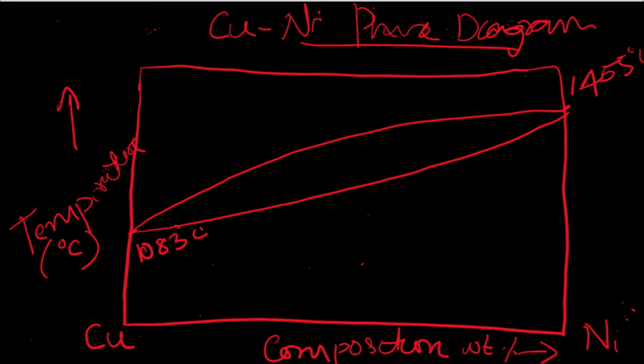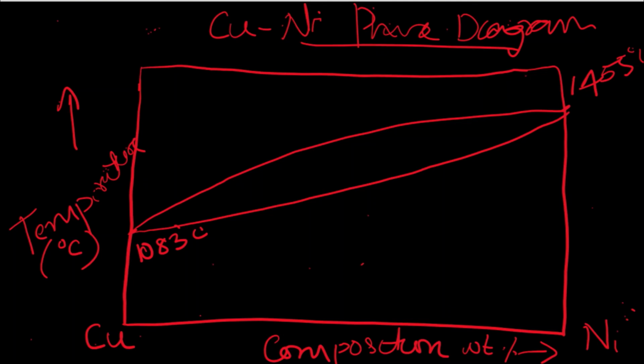As we move along this curve, we can see as the content of nickel increases, the melting point of the alloy increases, because after this particular point, this system no longer remains as pure copper. It is a combination of copper nickel, so it becomes an alloy. It reaches up to here, and finally when the alloy comprises fully of nickel, it is pure nickel and 1455.